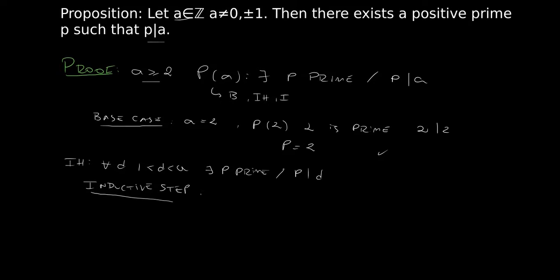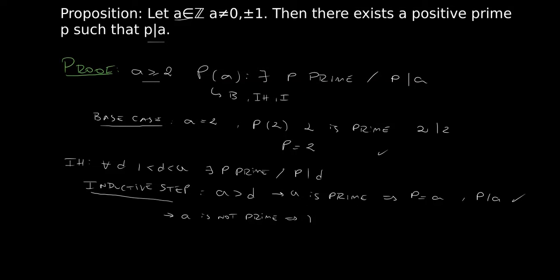For this, let's take a greater than d. And as we did in the introduction, a can have 2 options. A can be prime. In this case, p equal to a is prime and p divides a. Or a is not prime.